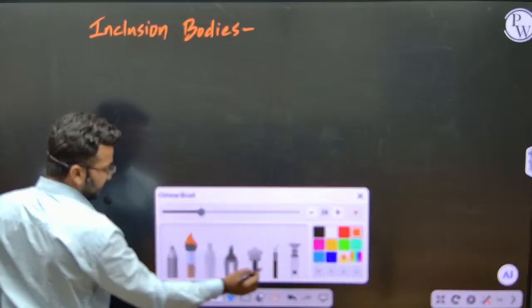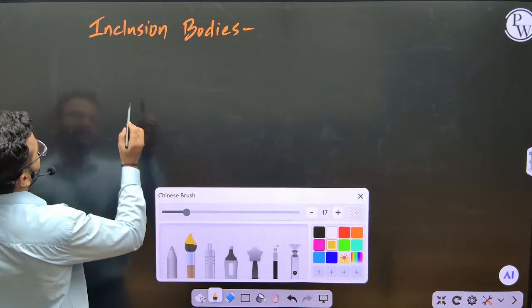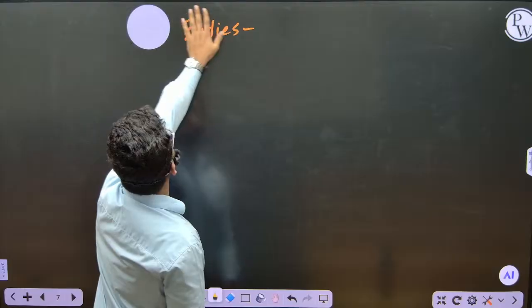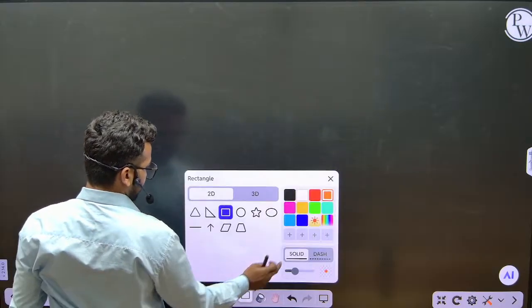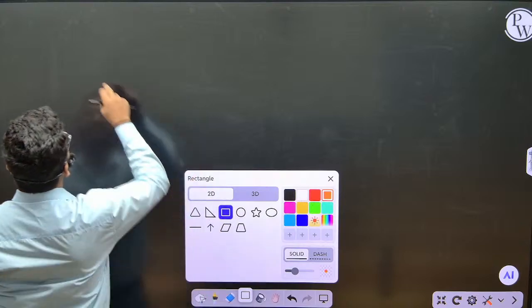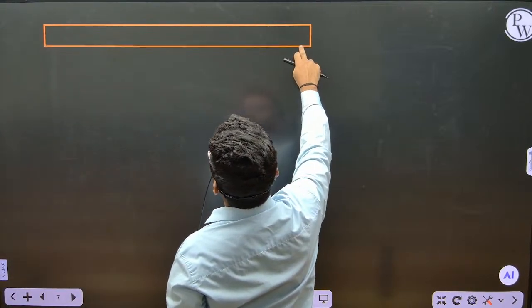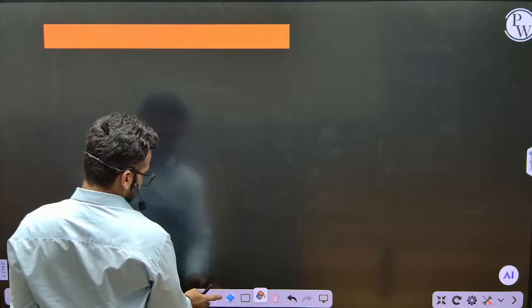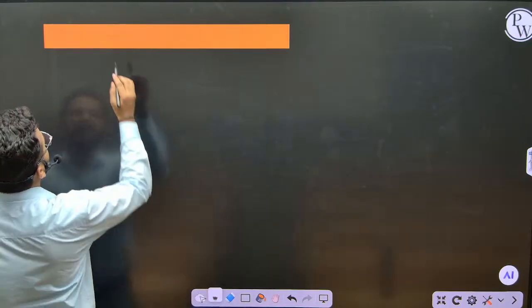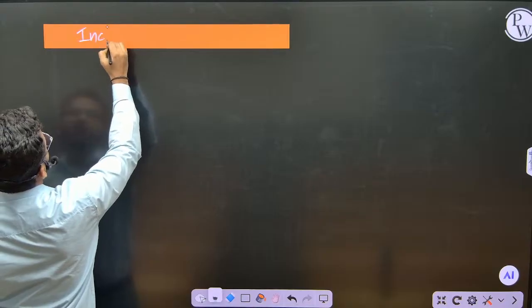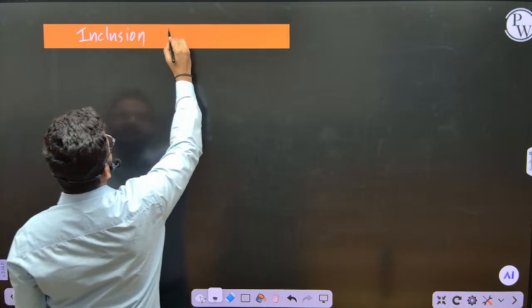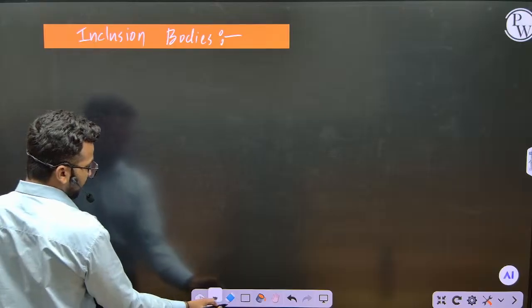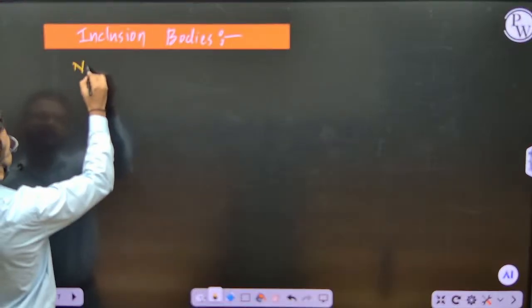Inclusion bodies are nothing but, these are also non-membrane-bound organelles. They don't have any membrane.